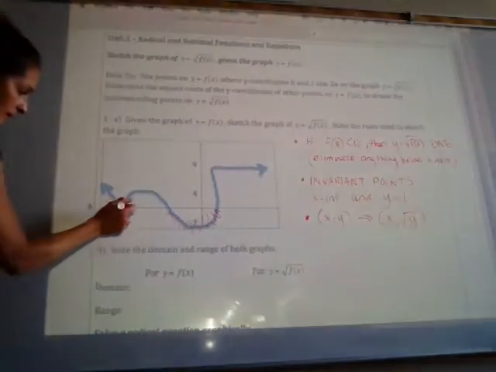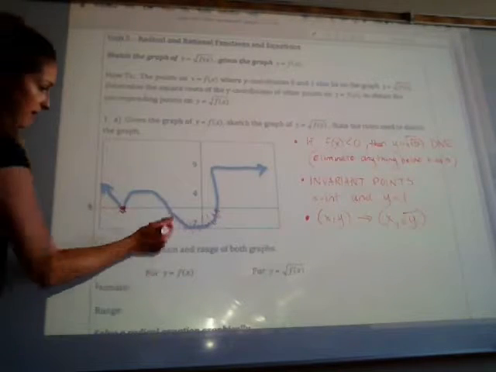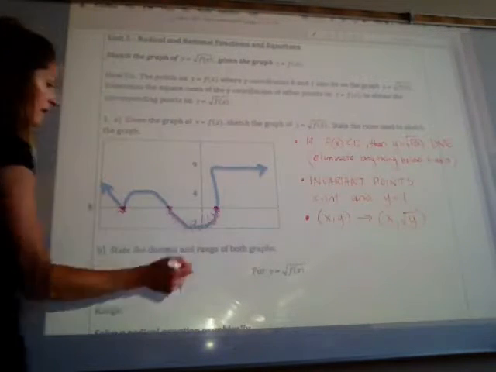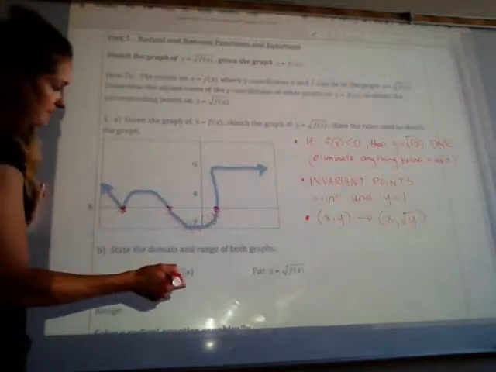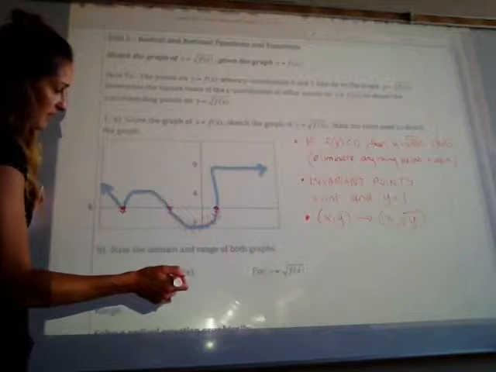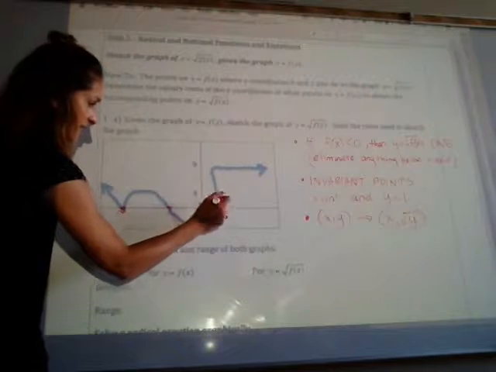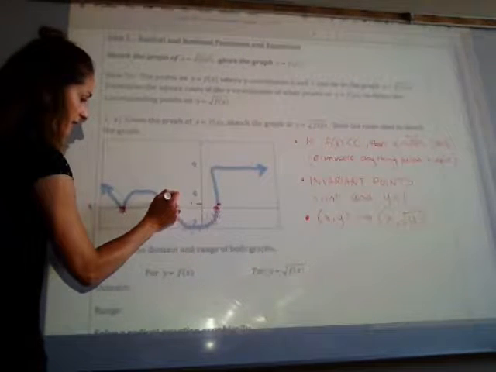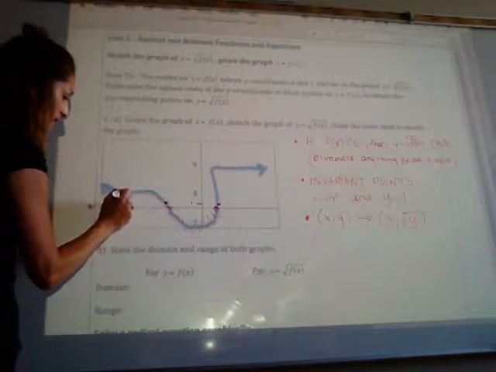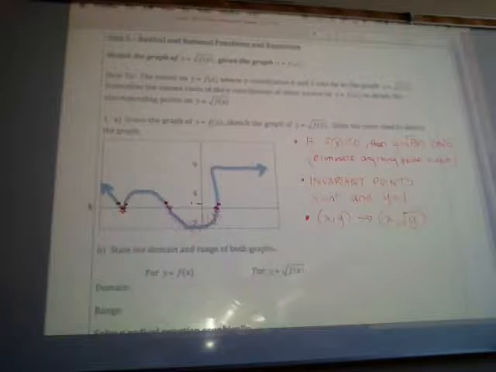Okay, so x-intercepts, invariant. Sorry, this scale is so bad. Okay, let's just put 1 here. Okay, invariant, invariant. We have lots of invariant points on this graph.